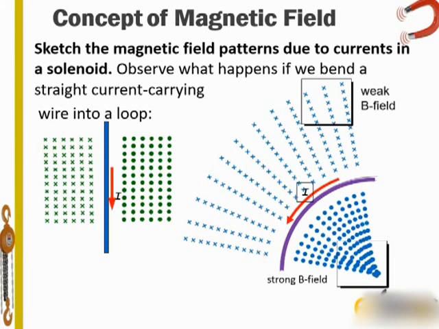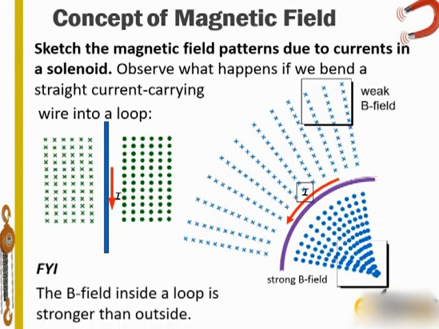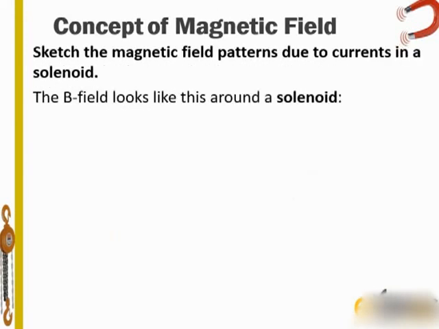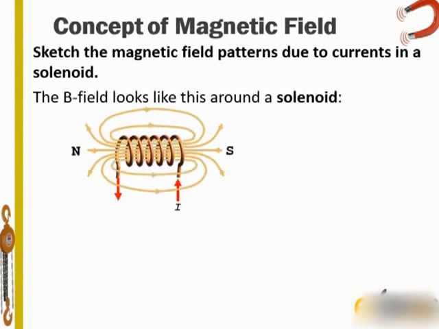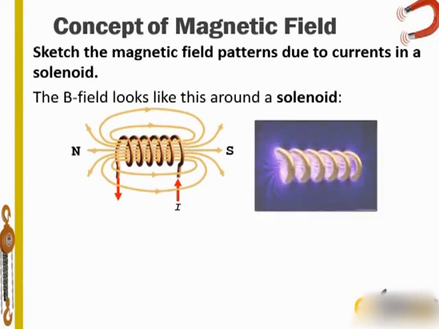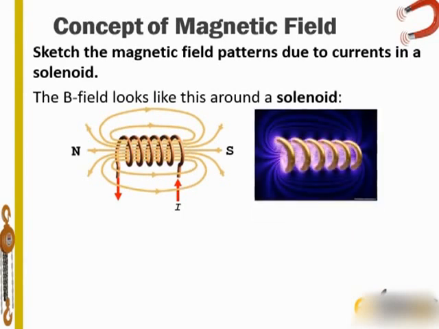Now, what would it look like for a solenoid? If we look at the diagram below, you'll see that the magnetic field for a solenoid looks like this. And you'll see that it resembles, to a large degree, the magnetic field pattern for a bar magnet, a rectangular magnet.